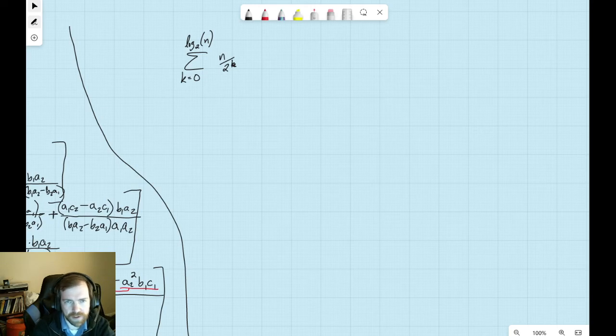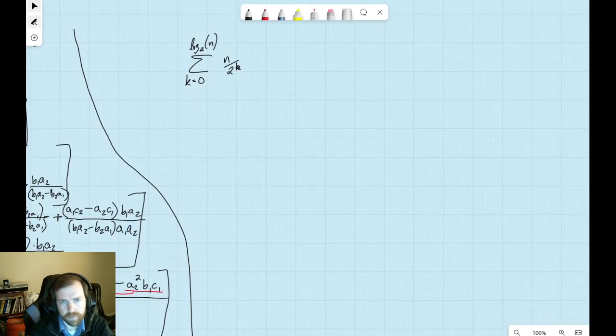Yep, n is a constant for this particular thing. So therefore n is going to be multiplied by your summation. K goes from 0 to log base 2 of n of 1 over 2 to the k. Yep.